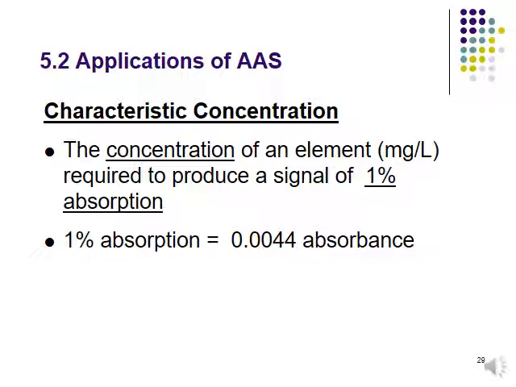This is the concentration required to produce a signal of 1% absorption. 1% absorption is equal to 0.0044 absorbance. So this is actually a very tiny signal that we can detect by using AAS.